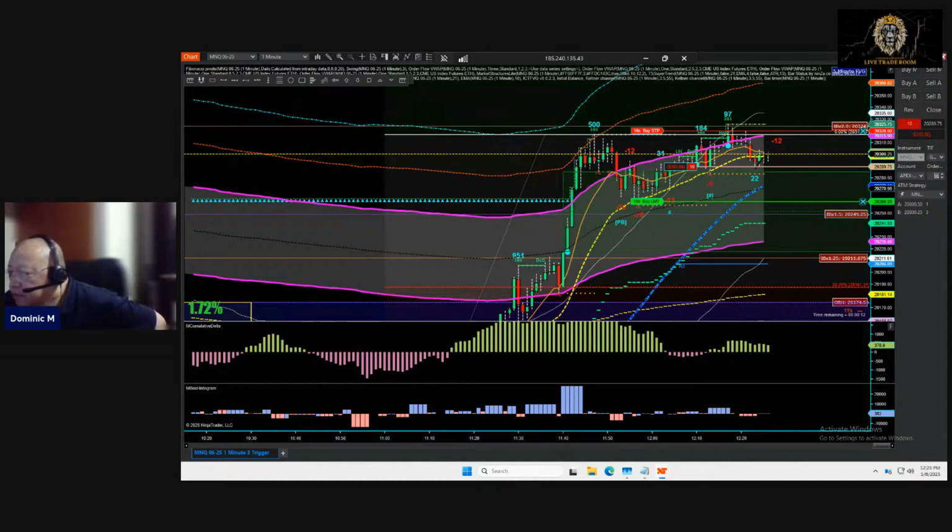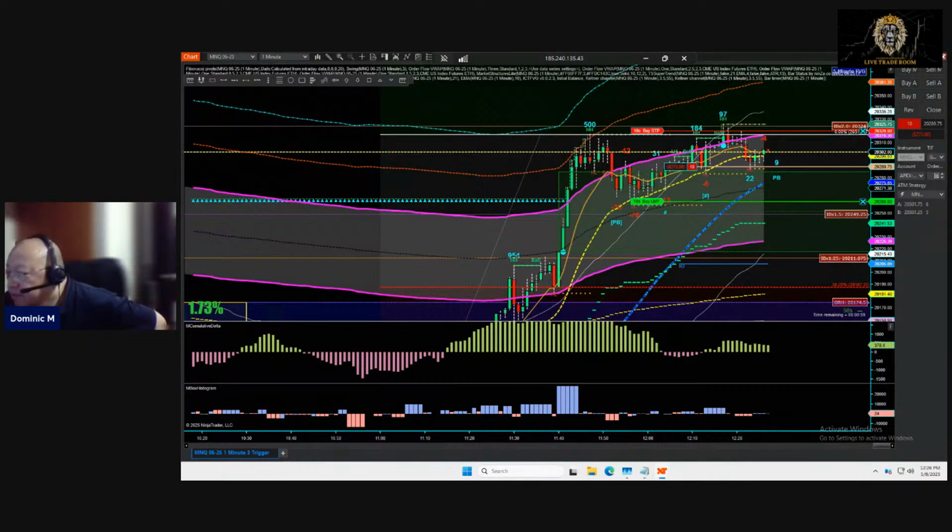$14. Will they close higher and above that 10 EMA? 6, 5, 4, 3, 2, 1. Oh, they closed above.